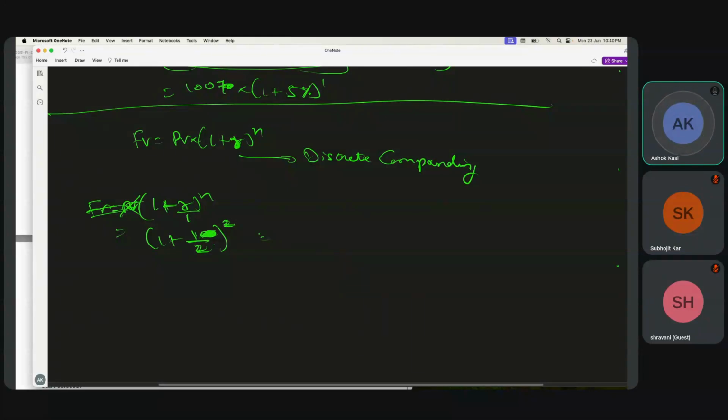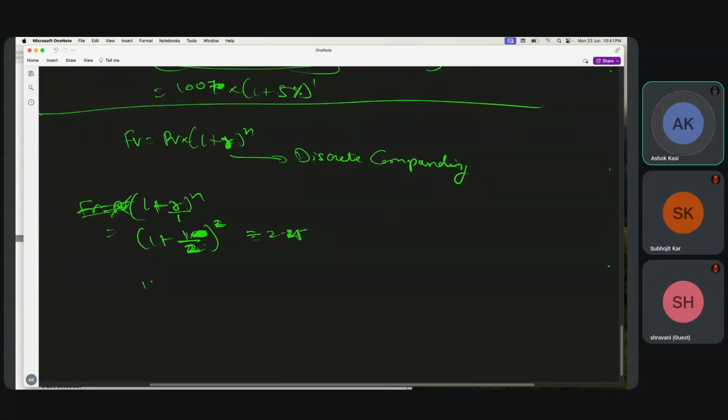Just calculate this. It's 2.25. So it is growing at 2.25 times if it is compounding semi-annually.